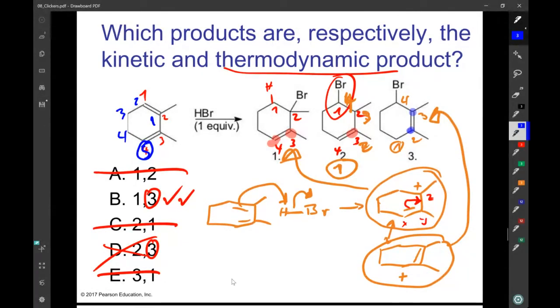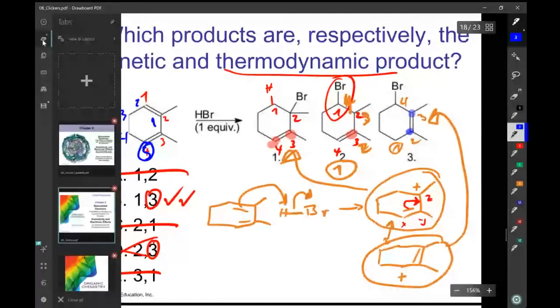Well, the proximity is always what gives you the kinetic product. The thermodynamic only has to do with the stability of the product. That's basically what I want you guys to remember here. The most stable product is always the thermodynamic product, which can sometimes also be the kinetic product. I don't know if I answered your question. Yeah, you did. Thank you.